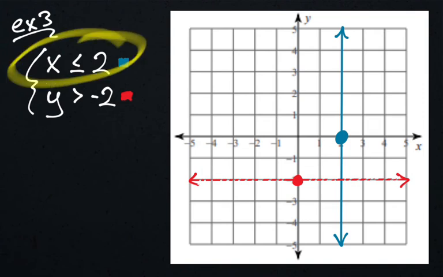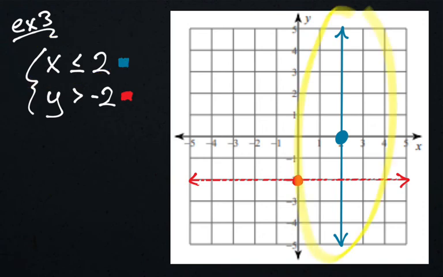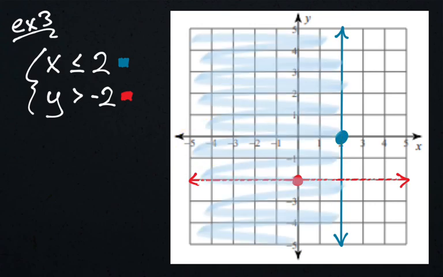The first inequality says x is less than or equal to 2. Usually less than means you shade below. But because we have a vertical line, there really isn't an above or below. You have to think about left or right. It says less than. Where are the numbers getting less or smaller? To the left side of the graph.